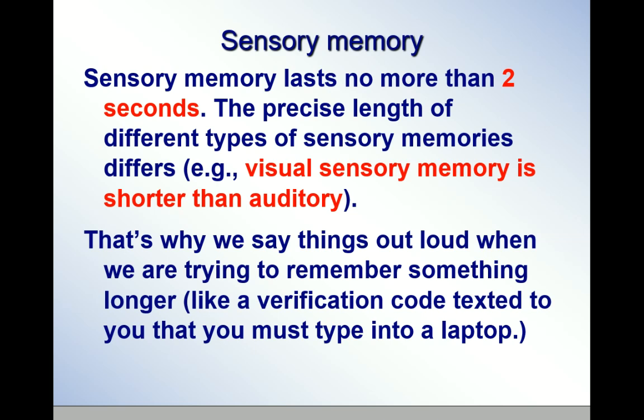I'm not sure how important that is, but think about this. How many times has somebody said, "Are you listening to me?" And then you can rewind the conversation a few seconds ago. Yeah, you were talking about blah, blah, blah, when you were really tuning that person out. Auditory sensory memory lasts a little bit longer than visual. I don't know if that's important or not.